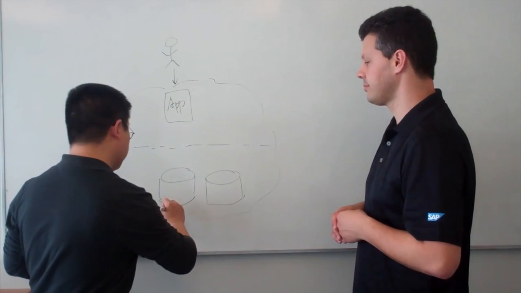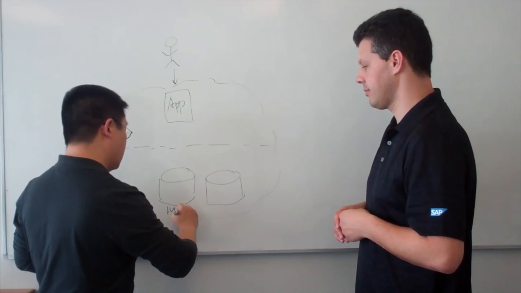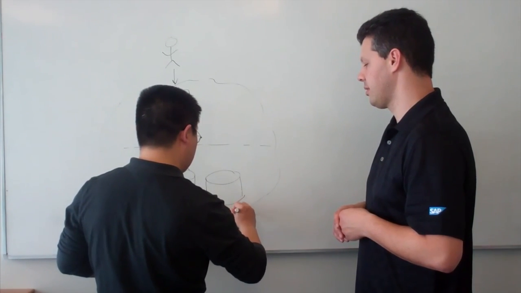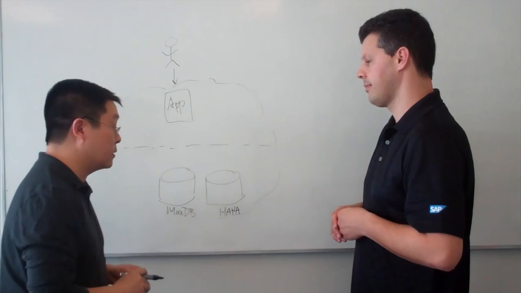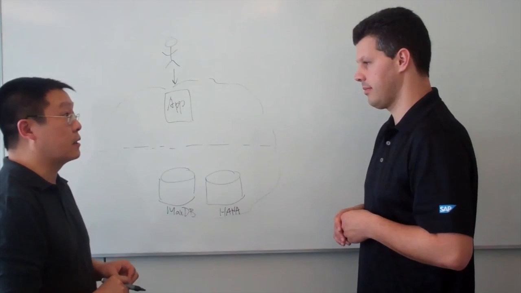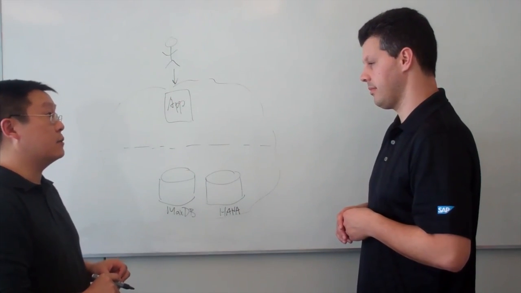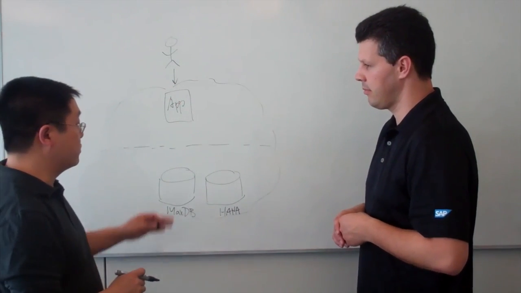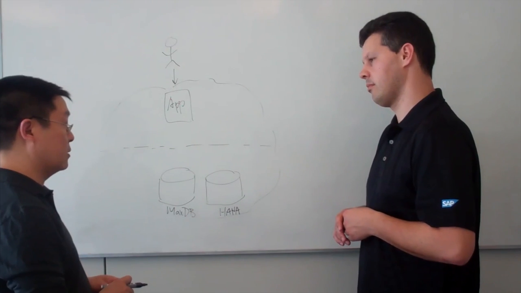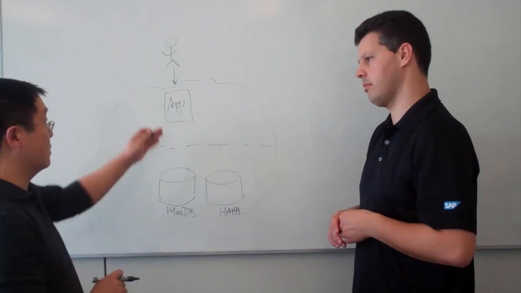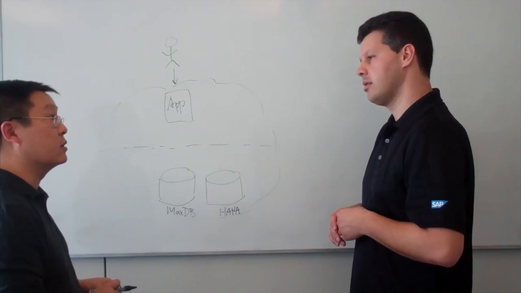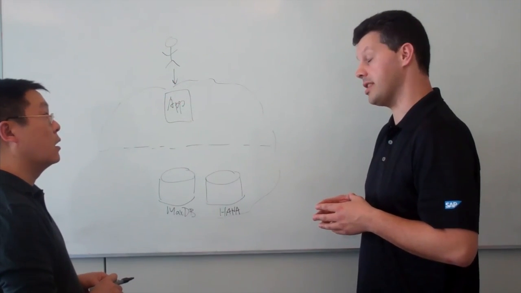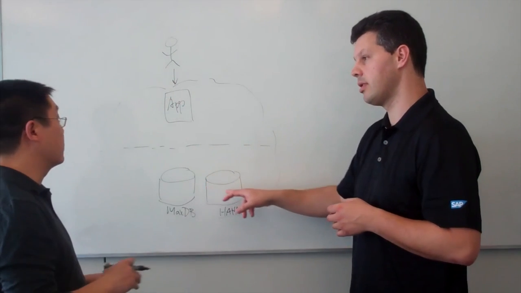One is MaxDB, and the second one is our new in-memory technology, the SAP HANA database. And the application has the choice to select one as a dedicated database for the application. But from a development point of view, it doesn't make any difference, right? Or does it make a difference to connect? That depends.